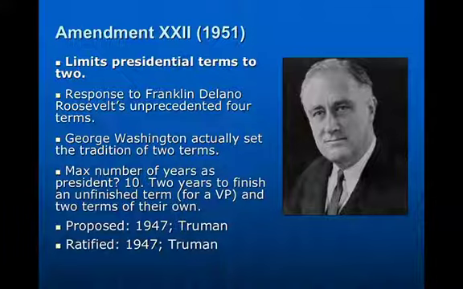Franklin Roosevelt was elected to 4 terms. He died shortly after he won his 4th term in office. So he was president for longer than any person in history. And he actually breaks the rule set by George Washington of 2 terms. And that was an unwritten rule, if you remember, of custom.